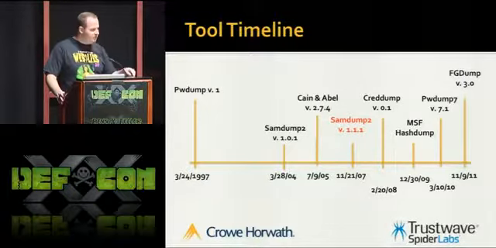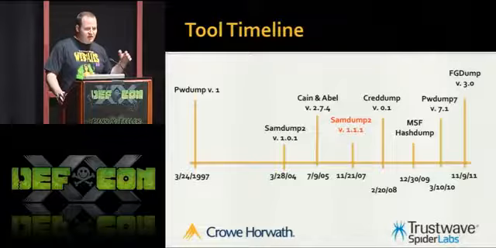And because this tool was so accessible, because it was in a scripting language that a lot of people could understand, it was used as a source for other tool writers to write their tools. So we see an explosion of tools after that, Metasploit being one, PWDump 7, and even tools that are currently in development now that are implementing this code that skipped a couple generations.